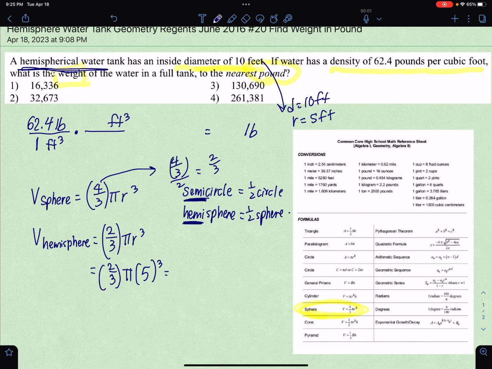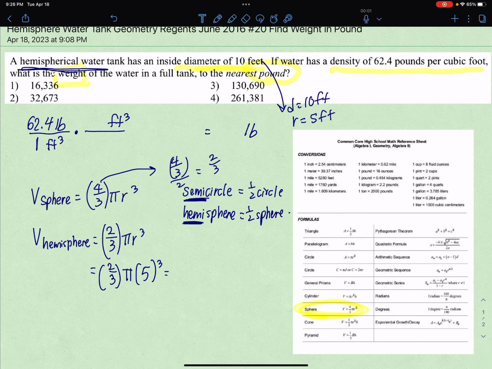Remember, anytime you're putting fractions in the calculator, make sure you put parentheses. Make sure that when you're putting pi in the calculator, you're pressing second, caret, and then you multiply by 5 to the power 3. Remember to use that exponent button. For 3, you use caret 3.